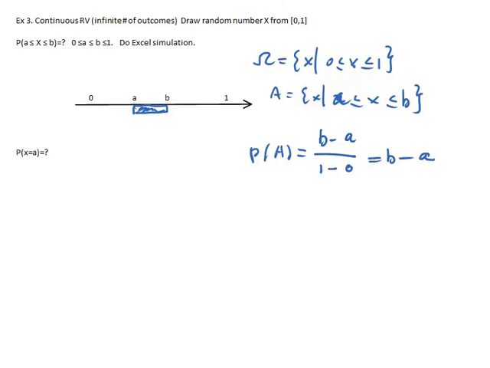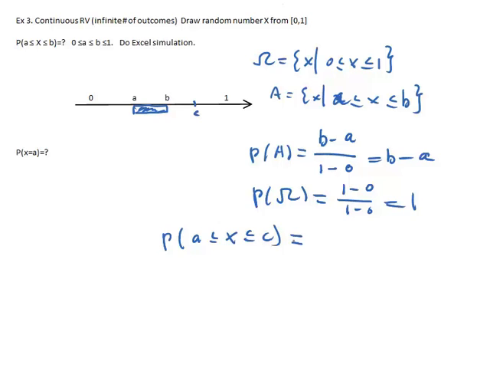If we do this approach, what is your total probability? The probability of the sample space is just 1 minus 0 divided by 1 minus 0, which is 1. So your total probability is 1. And if you have a partition, suppose I have c here, and I want to calculate the probability that x is between a and c, I can partition this into two parts: x between a and b, plus x between b and c.